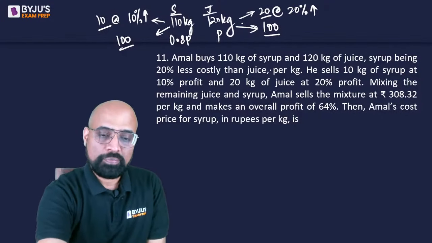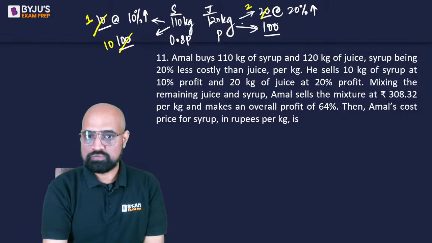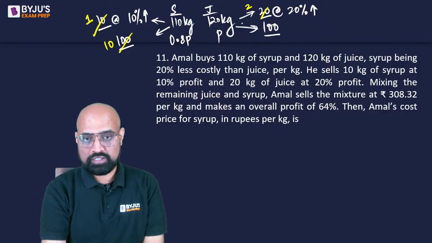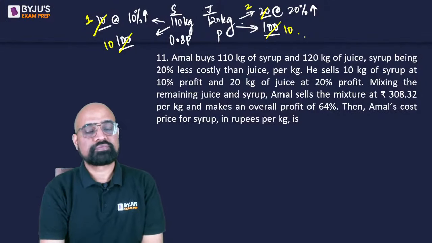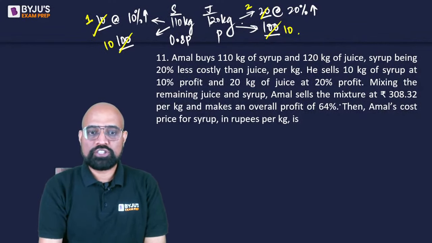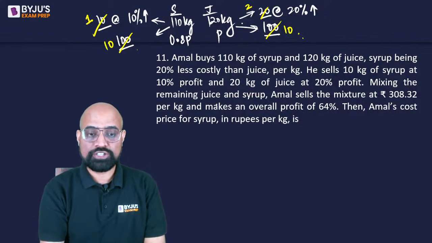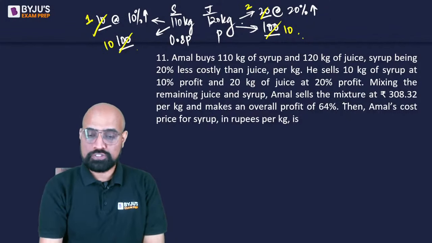So as the first step, I'll simplify here. I'll take this as 1, this as 10, this as 2, removing the 0 from everything, and this is going to be 10. Okay? Aman sells the mixture at 308.32 per kg.